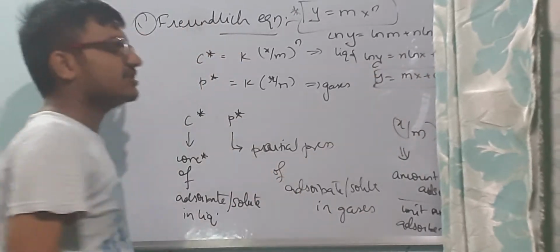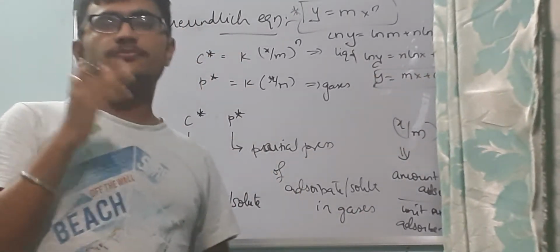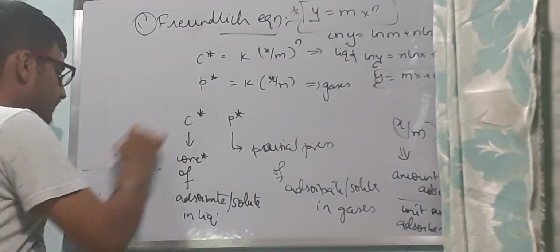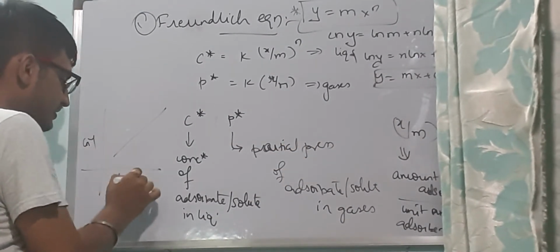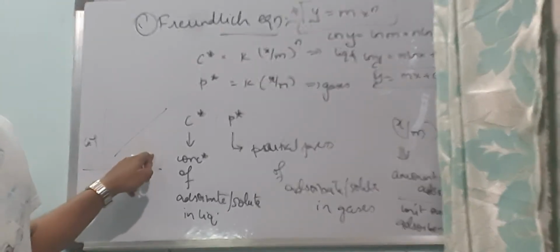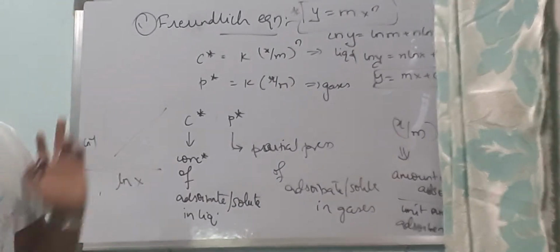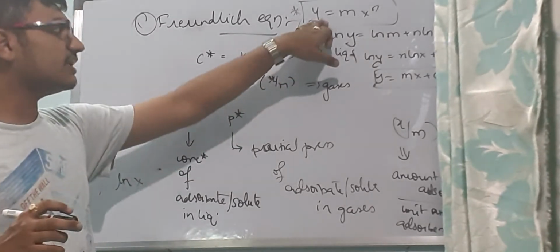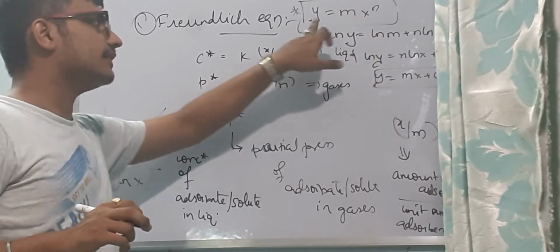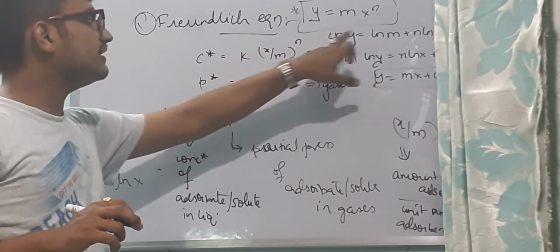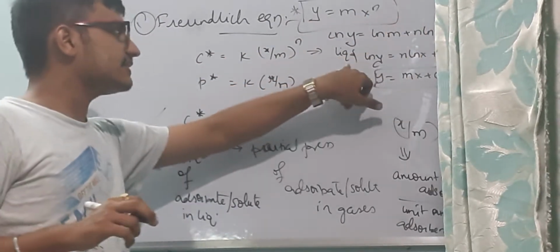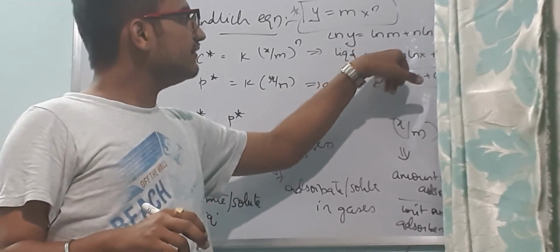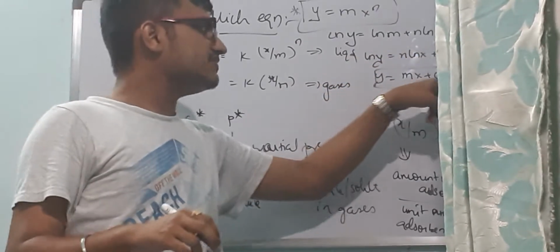So Freundlich's equation: a system or a process is said to follow Freundlich's equation if the ln y versus ln x graph obtained is a straight line. So basically you write in general y is equal to m into x to the power of n, and if you apply ln on both sides, ln y is equal to ln m plus n ln x, which is of the form y is equal to mx plus c.